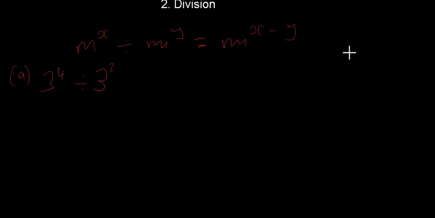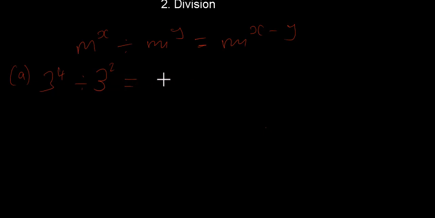All right. So we have been given a question which says 3 to the power 4 divided by 3 to the power 2. So what do we do in this particular scenario?